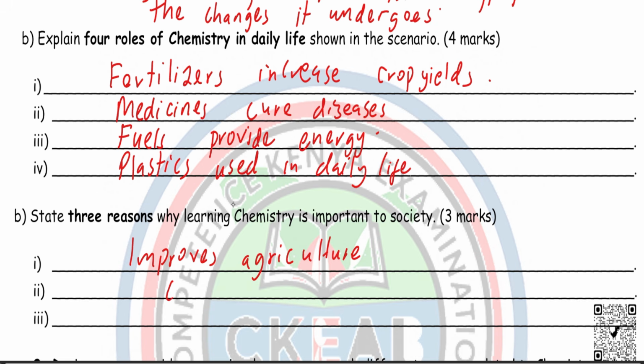Second thing, since we create medicines, then we enhance the healthcare of our nation. We make the health of others better by creating good medicines, better medicines, and quality medicines.